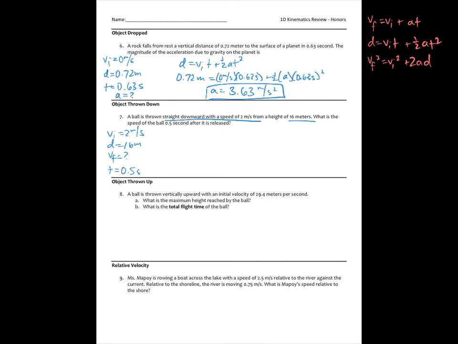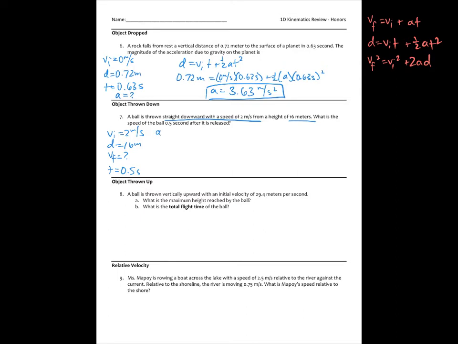Okay. So we don't know for sure whether or not it took 0.5 seconds to cover the entire 16 meters. So what we're going to do is just ignore the distance and focus on the time, because that's what the question is looking for, specifically how fast it's moving after 0.5 seconds. But hey, are we missing something?